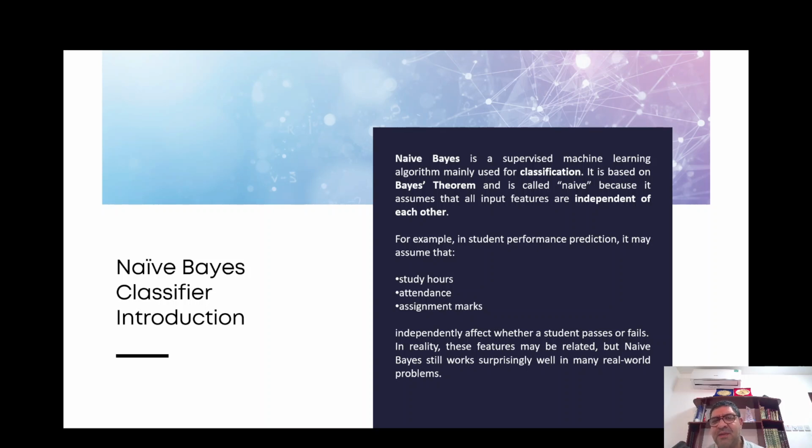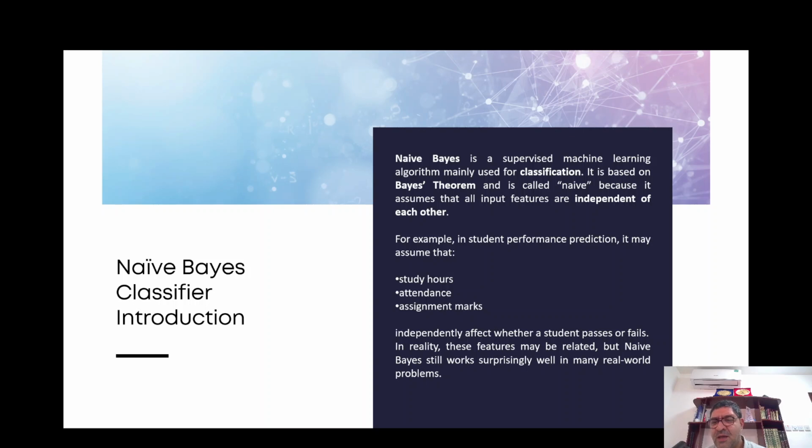So for example, in the case of a student, if study hours, attendance, and assignment marks are there, normally we have seen that algorithms establish a relationship between these different features and then output a result for a particular student.